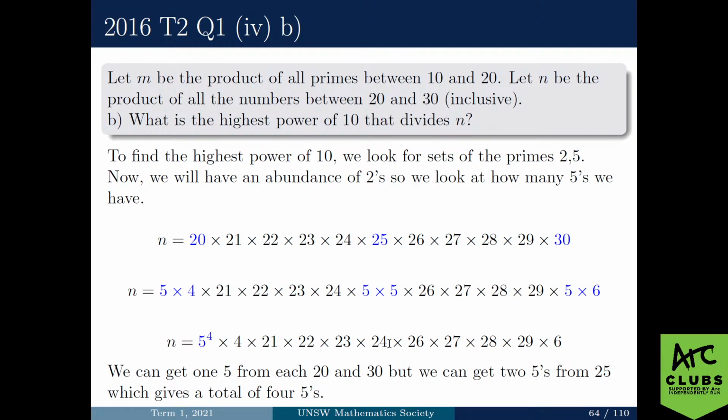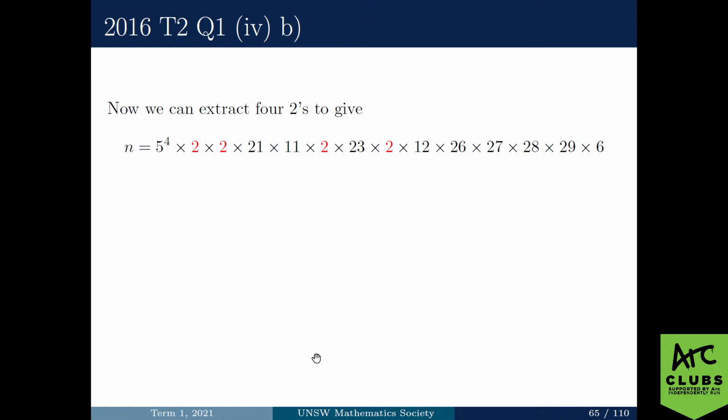Just because we also have lots of even numbers here, okay? And if we extract these 4 2's out, we get that 5 to the 4 times 2 to the 4 times some number is equal to n. And note that in the product on the right, not including the 2 to the 4 and 5 to the 4, no 5 would divide into this number because we've extracted all the 5's out of this number.